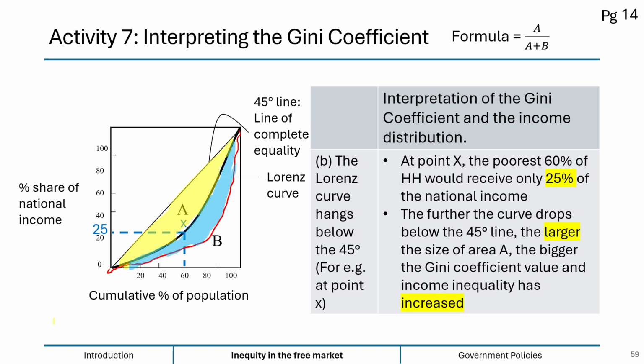So can you see now A increases? But A plus B, the area, is always the triangle, so it always remains the same. So your Gini coefficient remains the same. No, your Gini coefficient increases. Therefore, income inequality has increased.